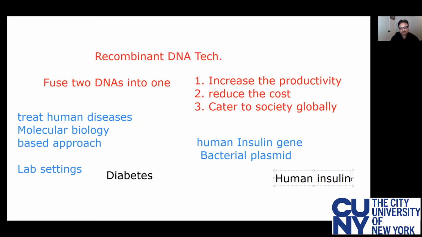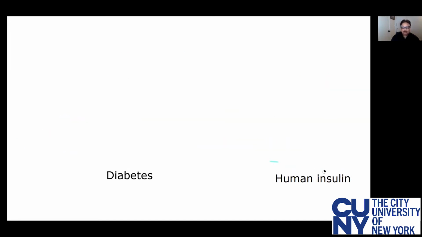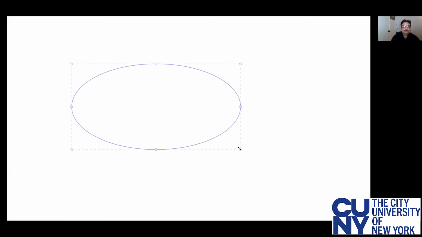And so we fuse two DNAs. Of course, since we are producing insulin, you need the human insulin gene from the human chromosome, and then you need a bacterial plasmid. Now the question comes, why bacterial plasmid? So what is a plasmid? Let's say this is a bacterial body, and you know bacteria has its own DNA that is called the nucleoid.